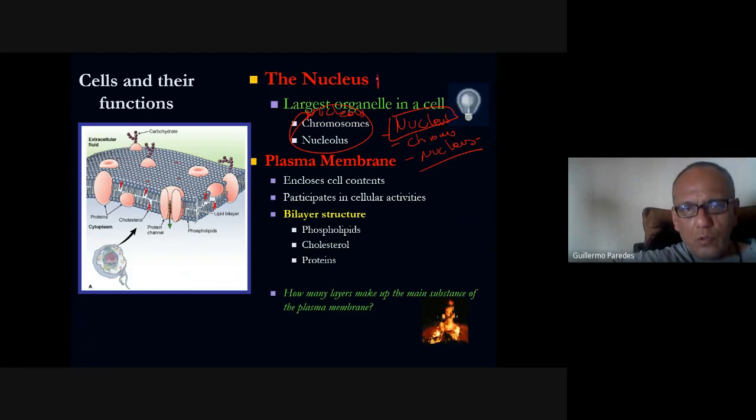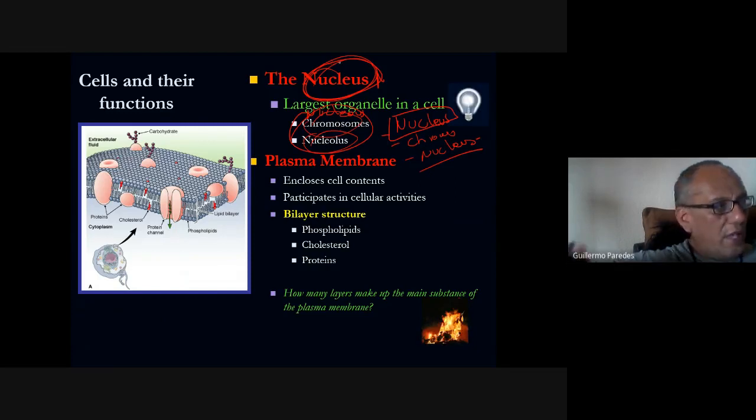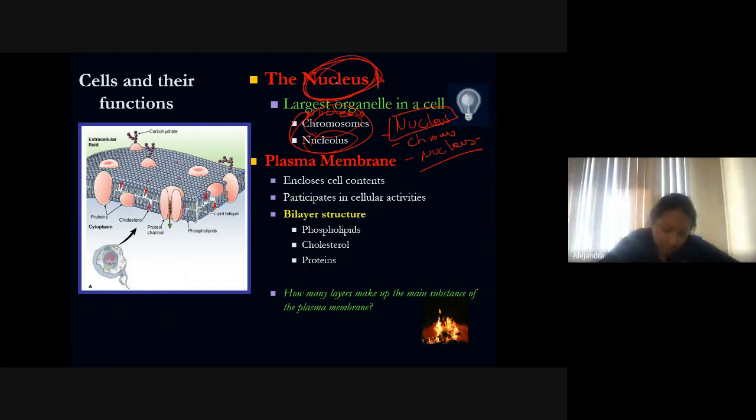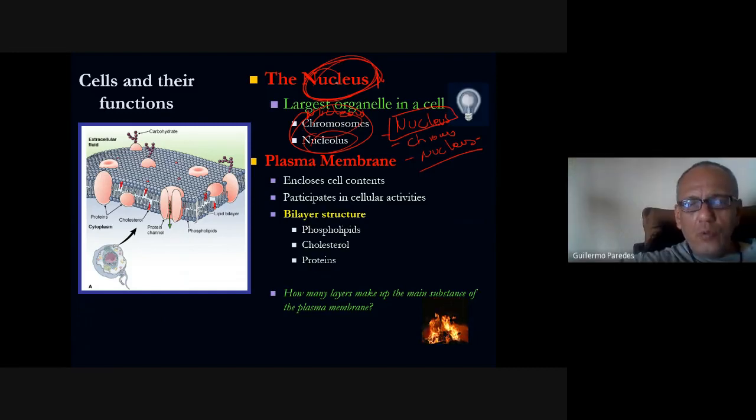The nucleus is composed inside by chromosomes and nucleolus. So those are big too. But the whole together, the nucleus is the largest organelle in the body. You okay with that? Yes. And the nucleus is going to contain the nucleolus and the chromosomes.